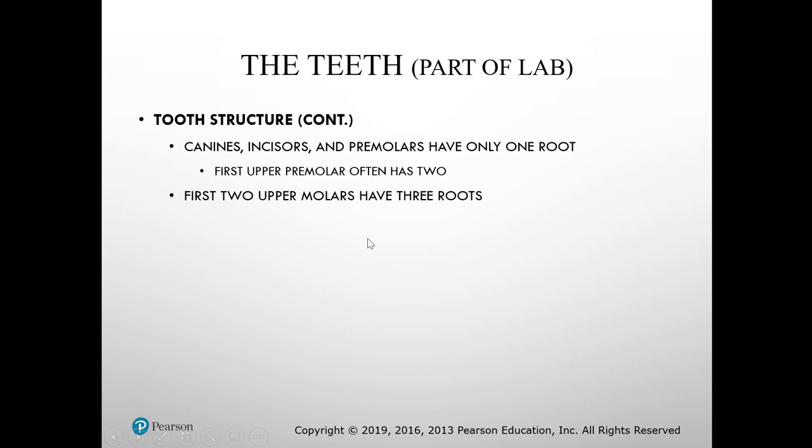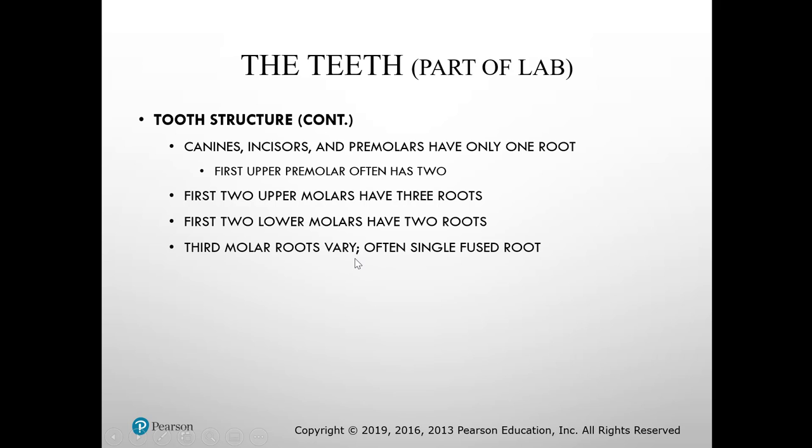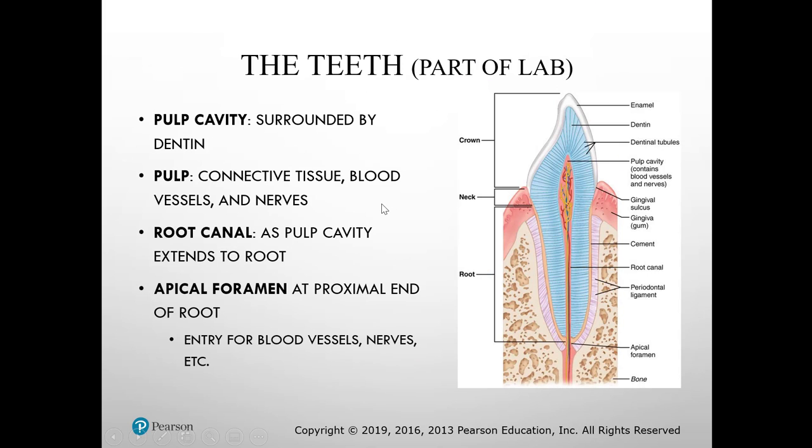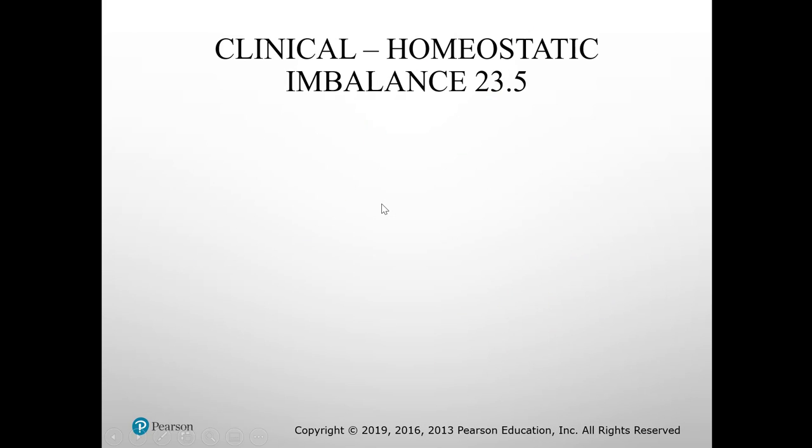The first two upper molars have three roots. The first two lower molars have two roots. The third molar roots vary; often they are made up of a single fused root. This will be your lab, and I just included this here in a PowerPoint so you will have a glimpse of it.